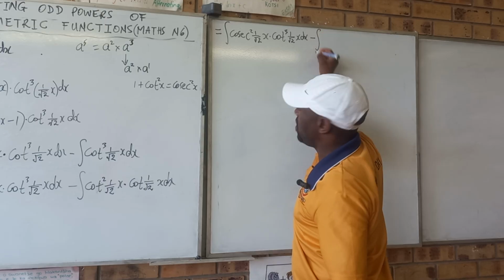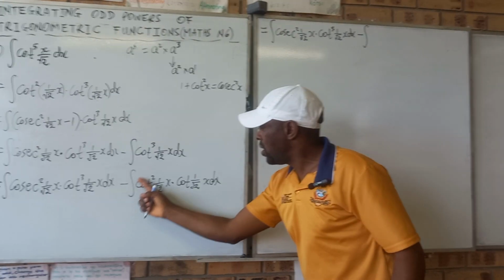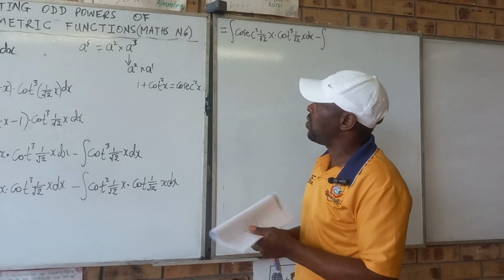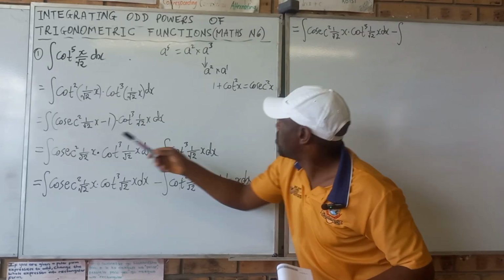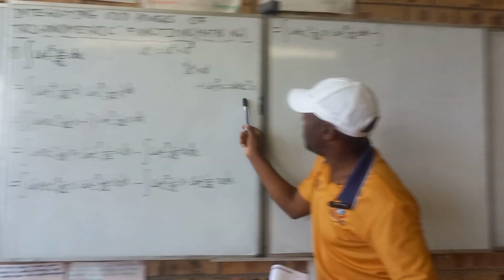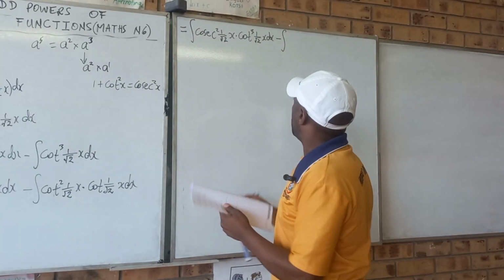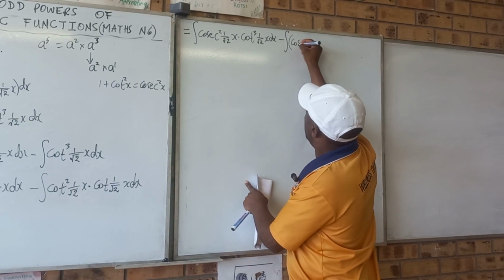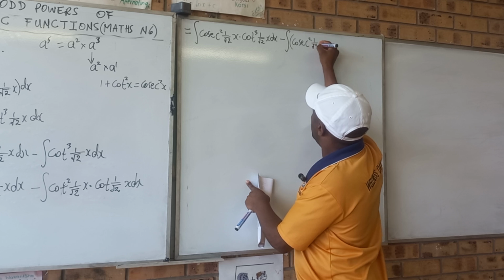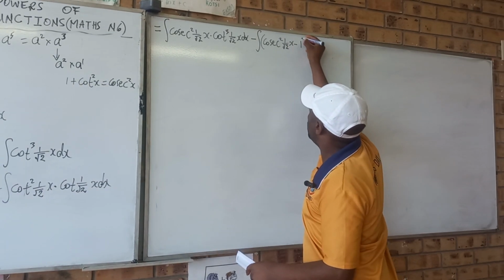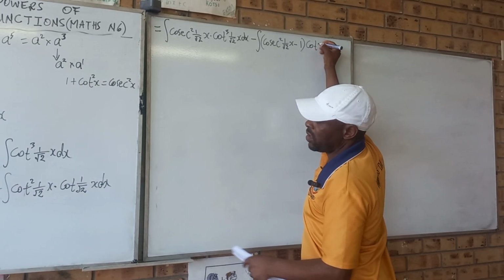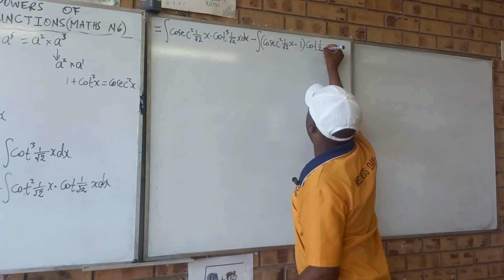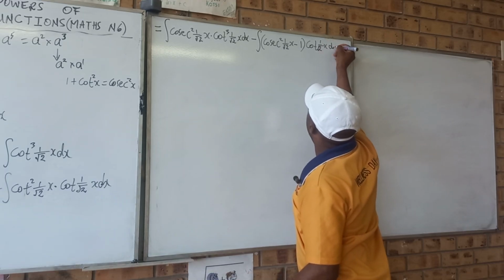Then minus the integral of, so for this one, I look for the meaning of cot squared, as I've explained earlier. I'll just copy that one, which is coming from page 1, formula number 3 of the math physics formula sheet. So that will be cosec squared (1 over root 2)x minus 1 multiplied by cot (1 over root 2)x dx.